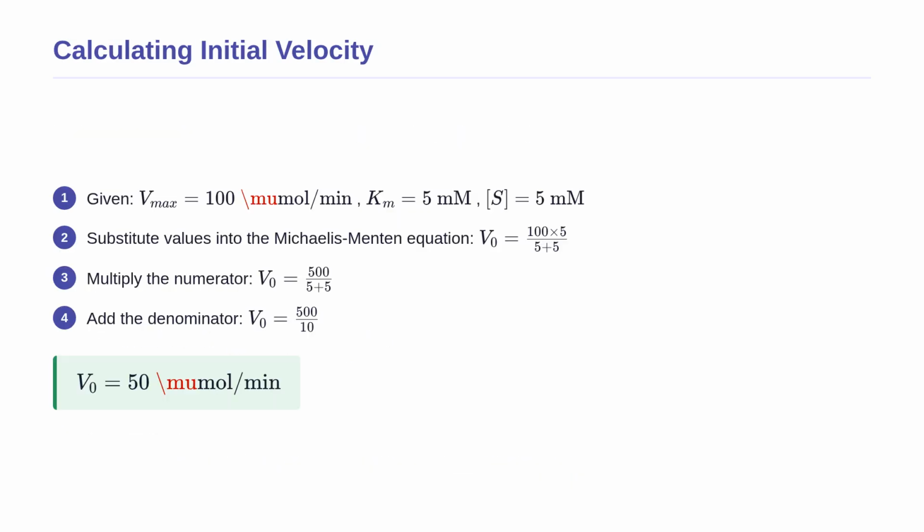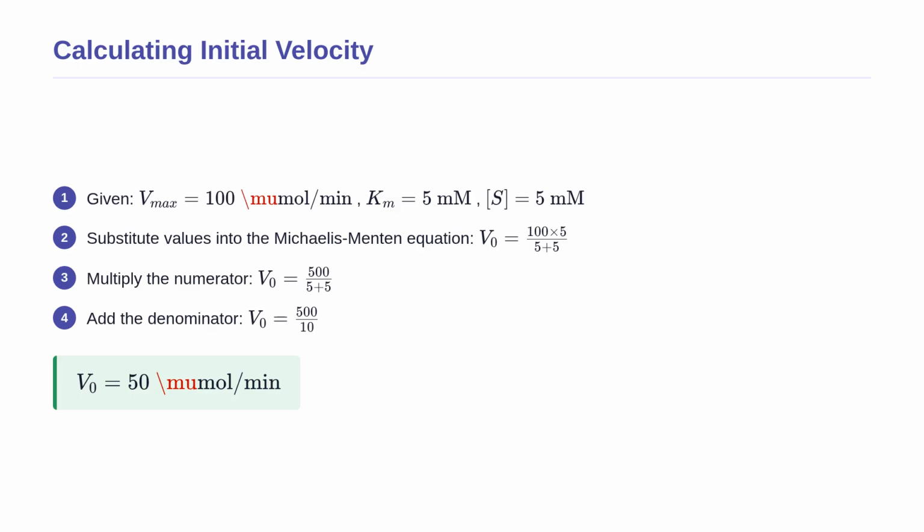Now that we have our formula, let us apply it to a laboratory scenario. Suppose an enzyme has a maximum velocity of 100 micromoles per minute and a Michaelis constant of 5 millimolar. We set the substrate concentration to exactly 5 millimolar. We want to find the initial velocity. We substitute our known values into the Michaelis-Menten equation.